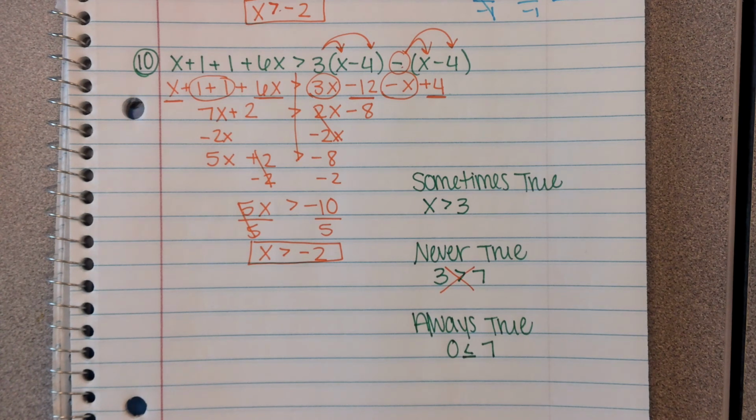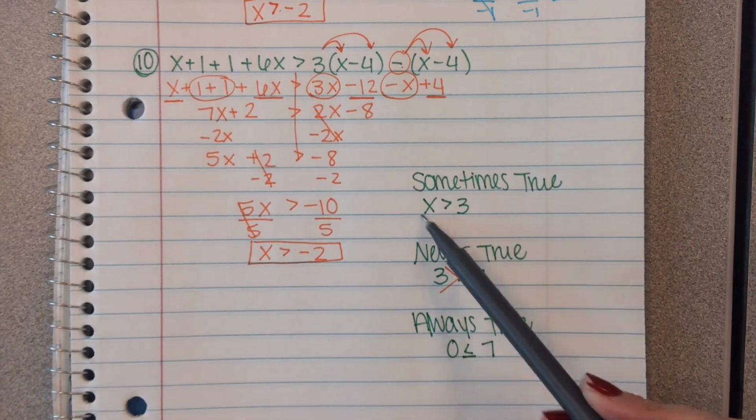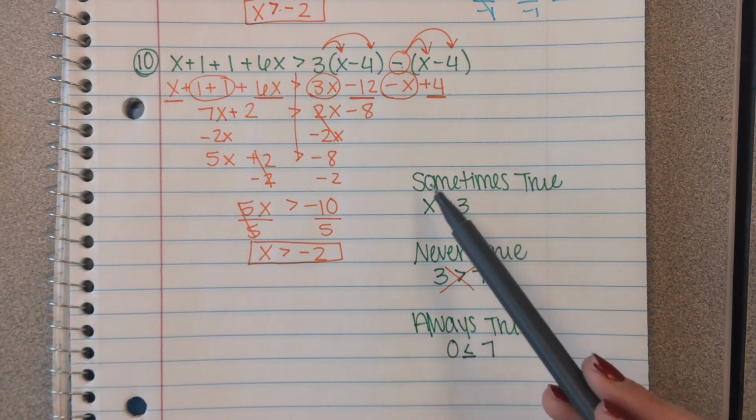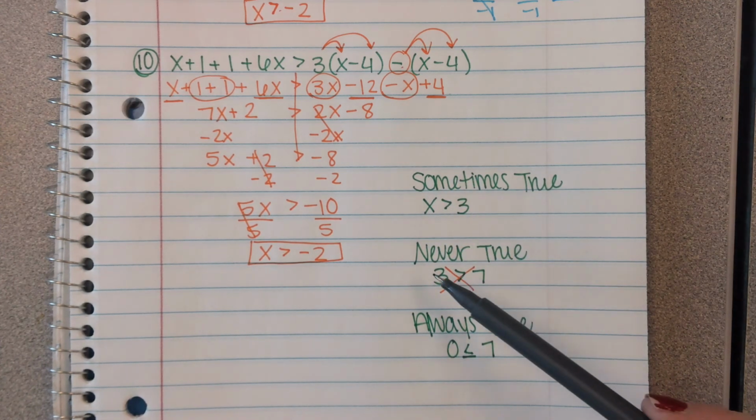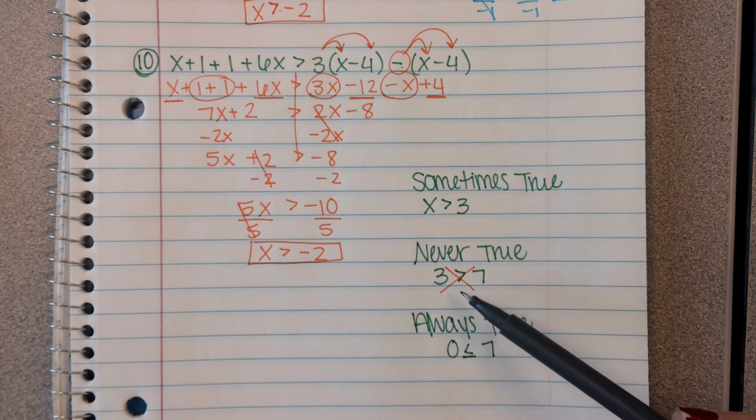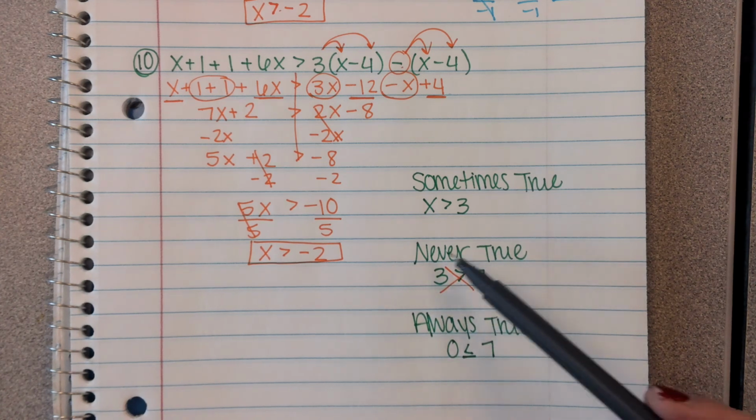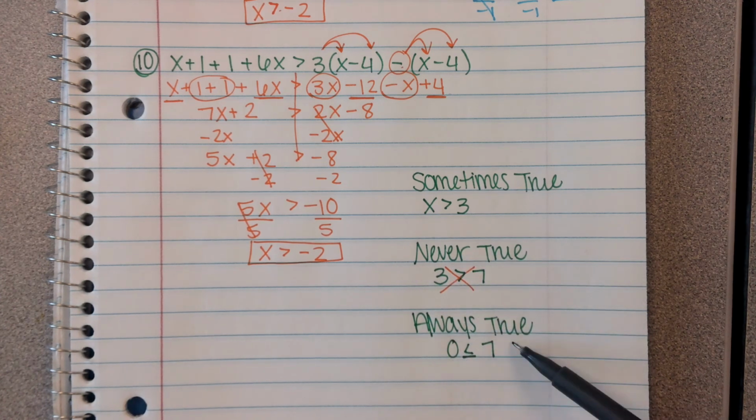Okay? So when you have a question like this in Math Excel, just think about your answers. If it has a variable in it like that, it's sometimes true. It's never true if it doesn't make sense like this. And it's always true if it is a true statement, like 0 is less than 7.